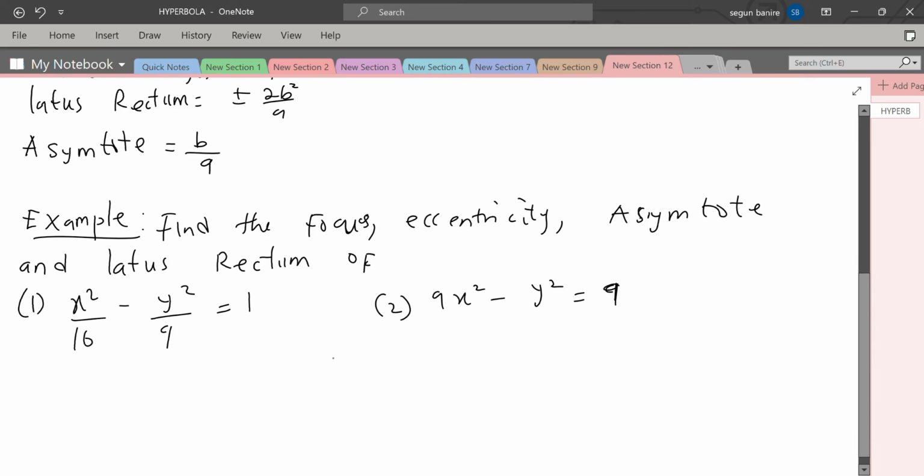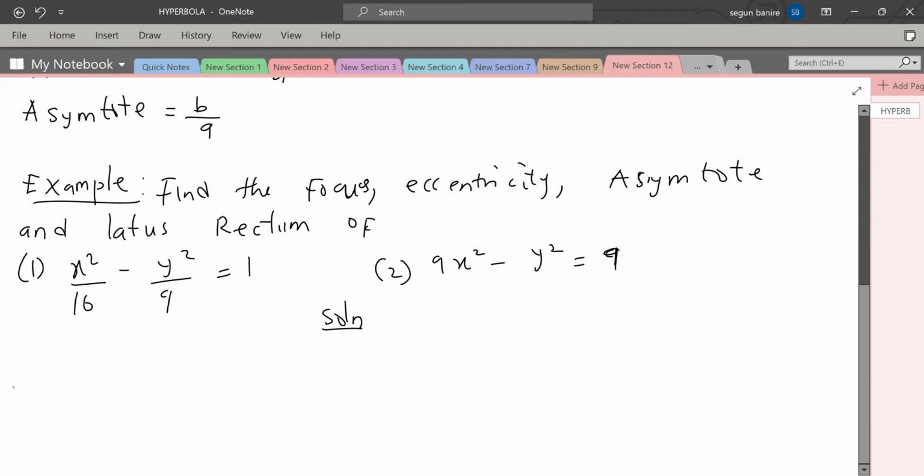So that is all. We are looking at just these two examples. Okay, so for the first one, we have to find the focus, eccentricity, asymptote, and latus rectum.